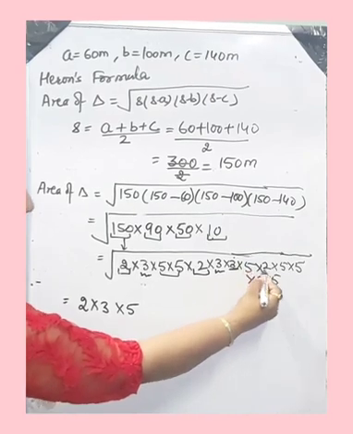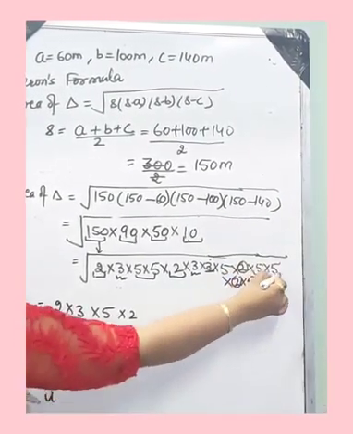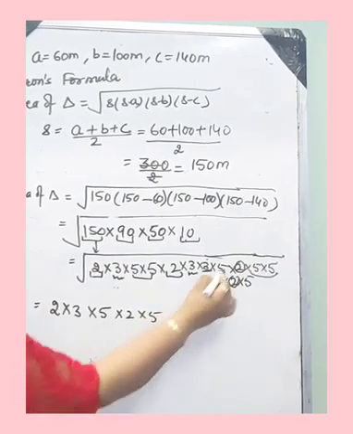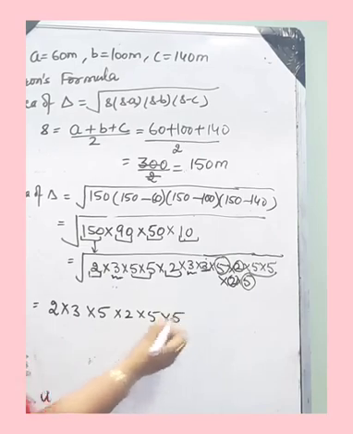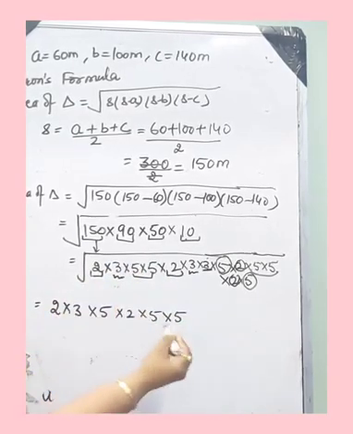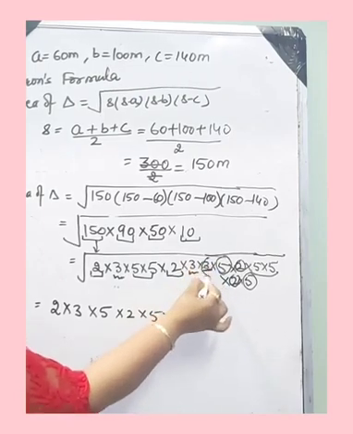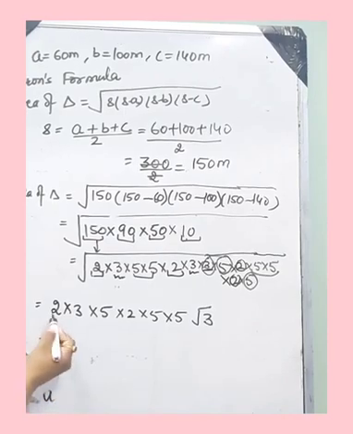Now next make the pair, and next pair is 5 into 5. Now we have to bring out one number from each pair. Now what will left inside the square root? 3 will left.